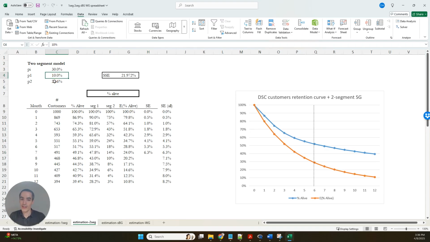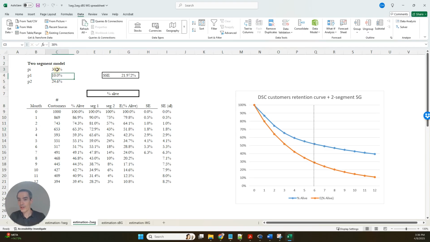Now the two-segment model is allowing for there to be 2 coins, and then there's some probability that someone gets the good coin versus the bad coin. And so pi represents the probability of getting P1, and then if I don't get P1, I get P2. And so I've got these segment-specific survival curves, which are just (1 - P1)^t and (1 - P2)^t.